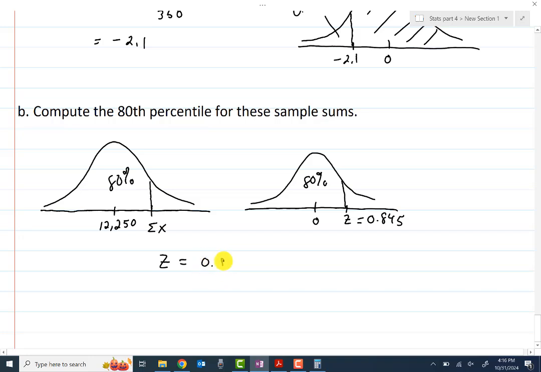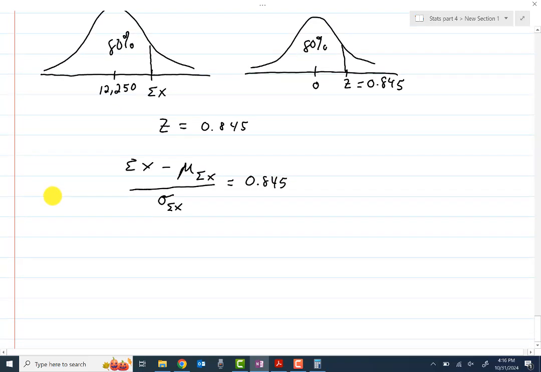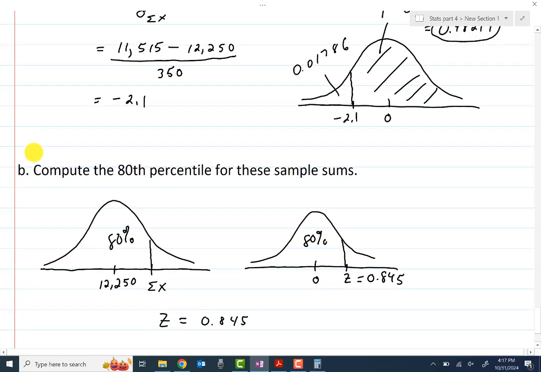Z equals 0.845. On the other hand, the formula for z is the sum of x minus mu sum of x divided by sigma sum of x. And let me put in my numbers. That mu sub sum of x, what was that one?